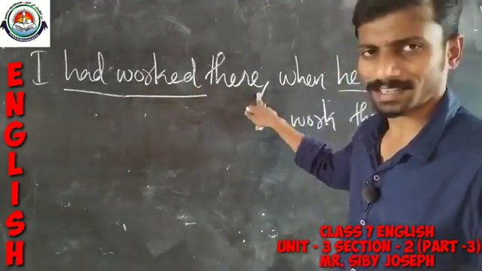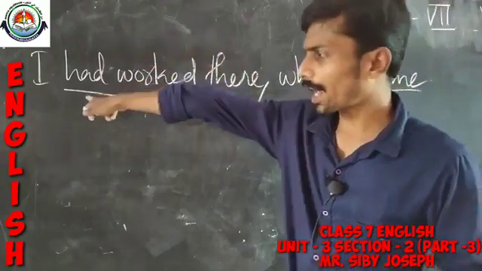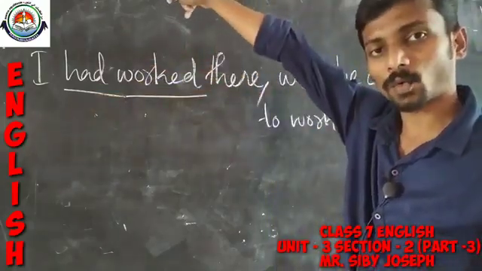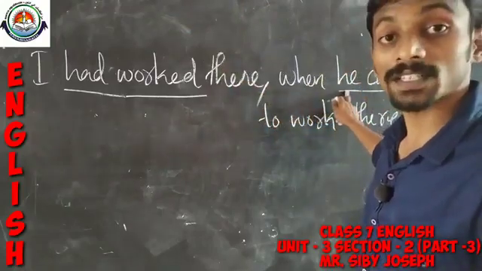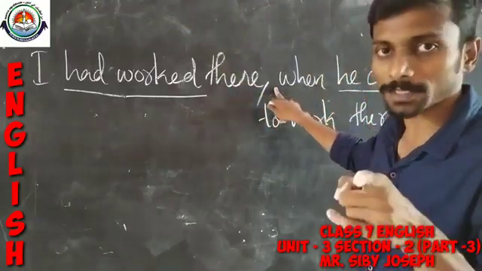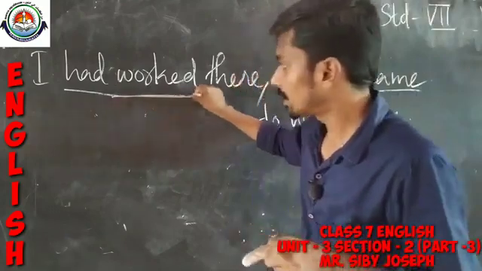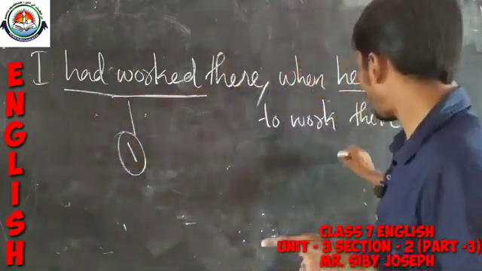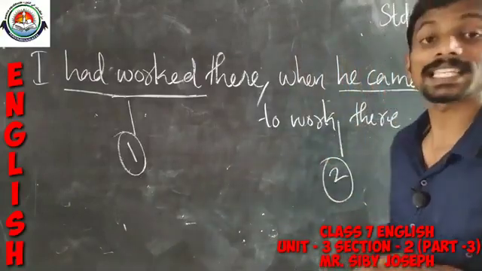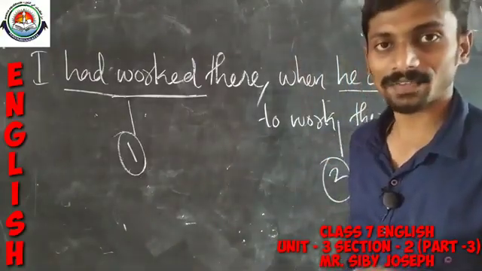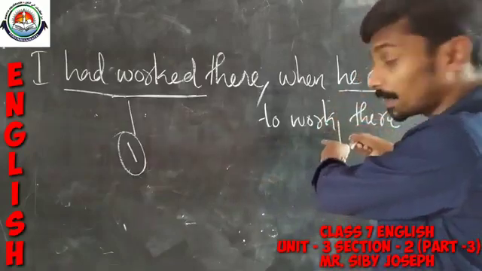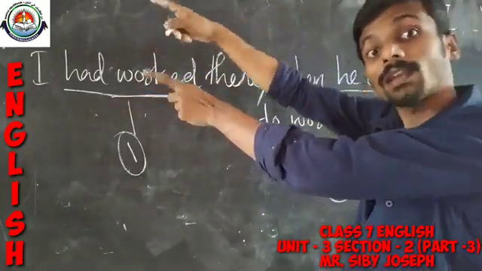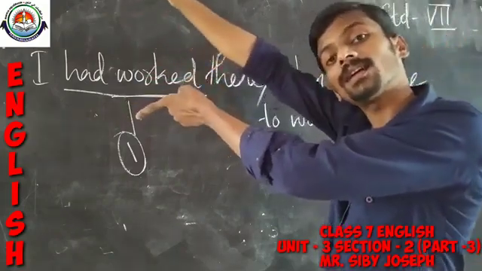Look at this example. I had walked there. The speaker is saying that he had worked there when another person came to work there. That means this refers to the first action and this refers to the second action. The second person came there when he had already been there.